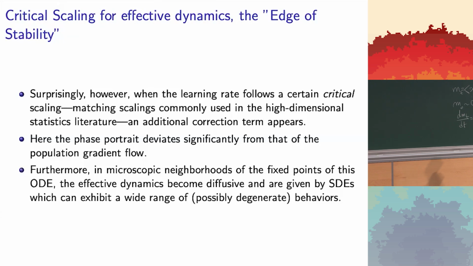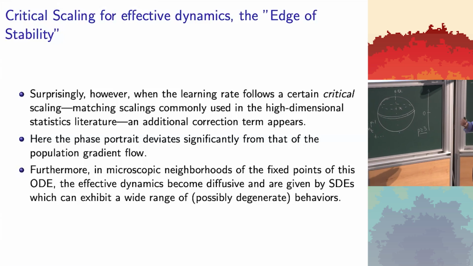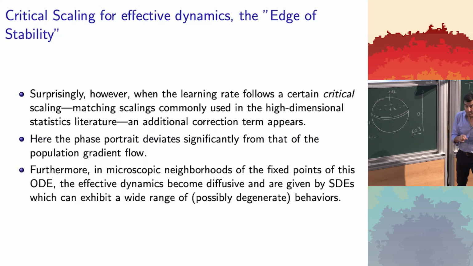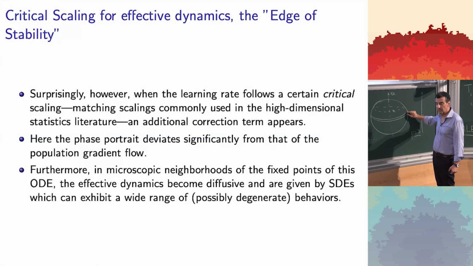So in the microscopic neighborhood of the fixed points, like here, the effective dynamics become diffusive and are given by a stochastic differential equation with all sorts of possibly degenerate behaviors. Remember, when I say microscopic, the microscopic neighborhood of 0 here is in fact the equator on the sphere.